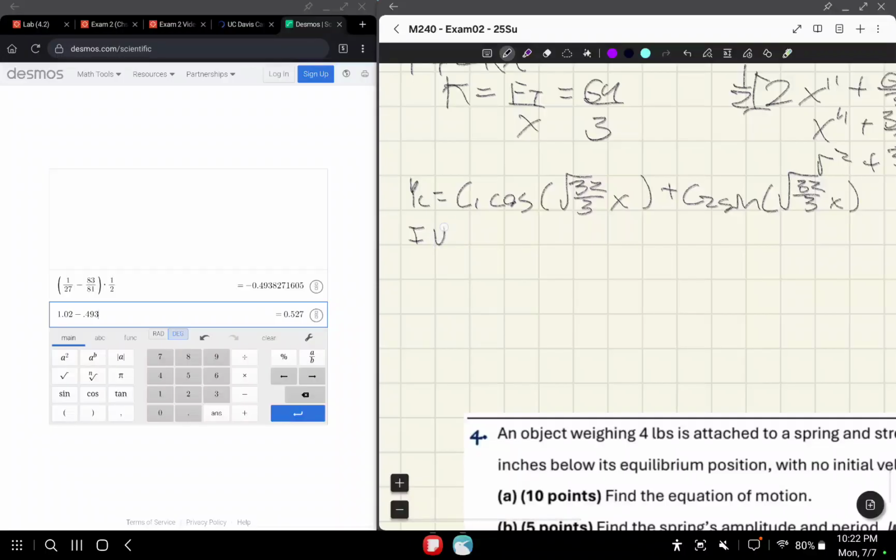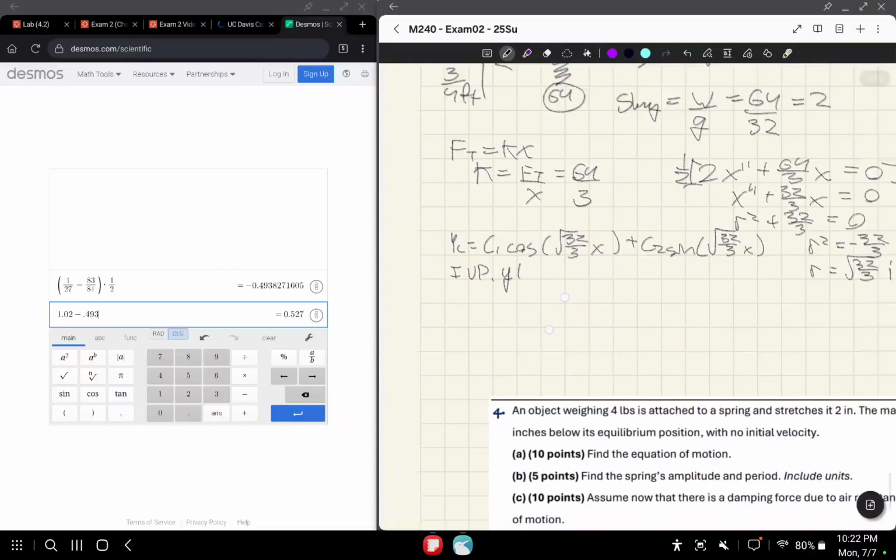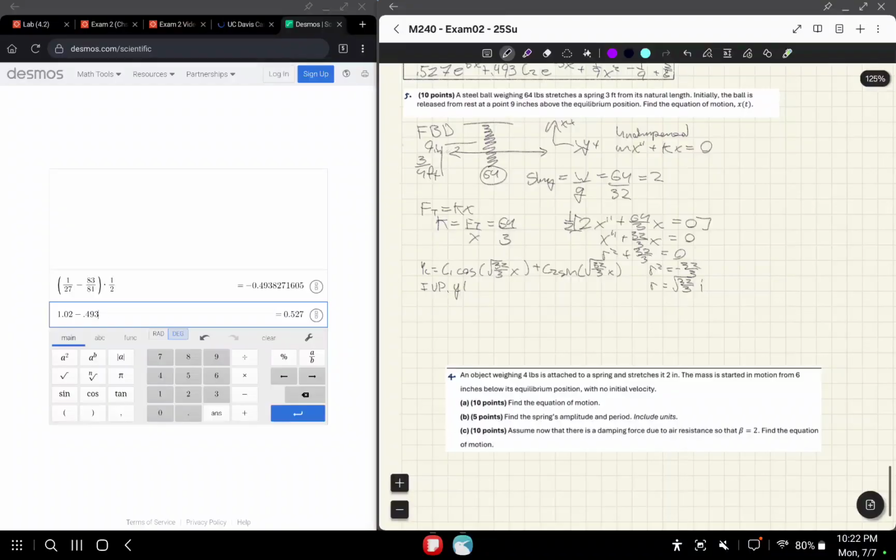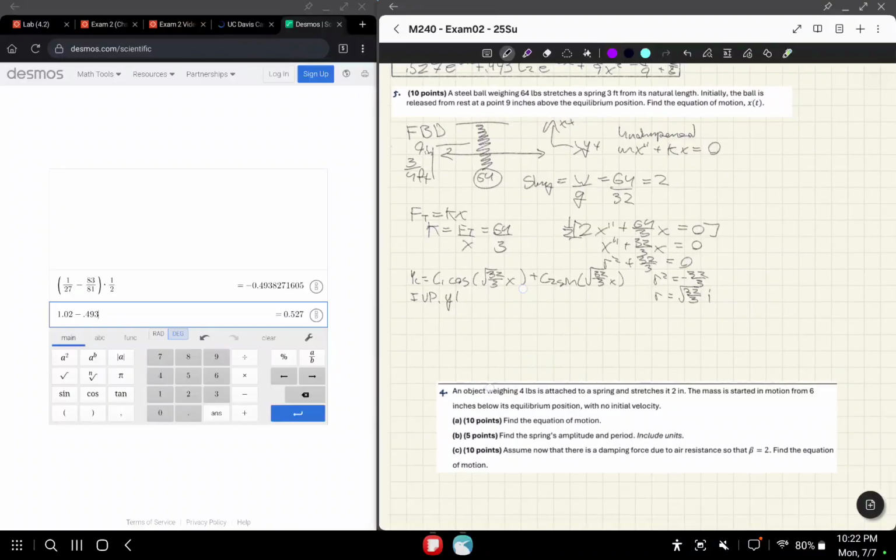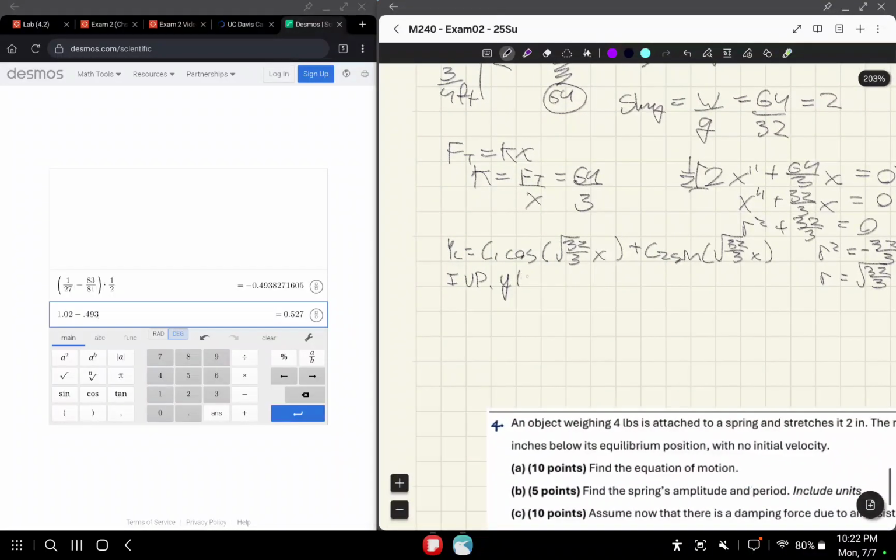So our IVPs now. We have an IVP where it was initially at this point, 9 inches above equilibrium, so that will be negative 3/4. The velocity equals 0.